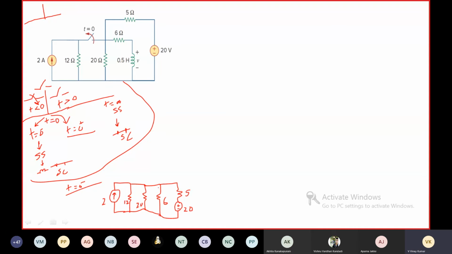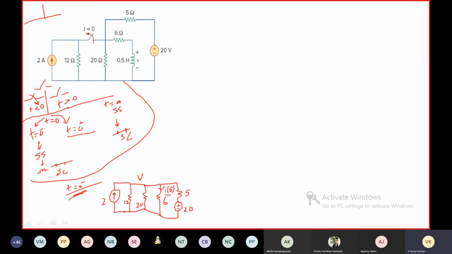Okay, we have to find I of 0 minus, the current going to the inductor. At t is equal to 0 minus, the inductor is acting as a short circuit. So for I of 0 minus, we have to find the current going to the 6 ohm resistor, which is nothing but the current flowing to the inductor at t is equal to 0 minus.